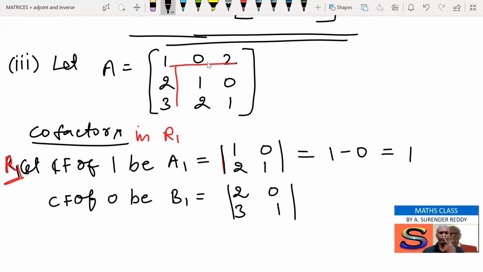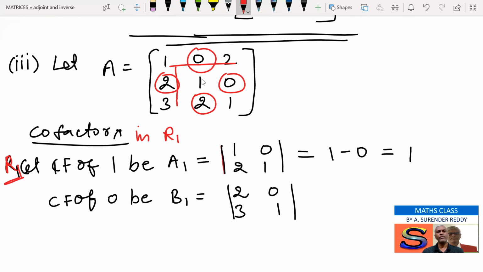For these 4 elements you get a minus, that is minus 1 to the power i plus j. Other elements will not change the sign.